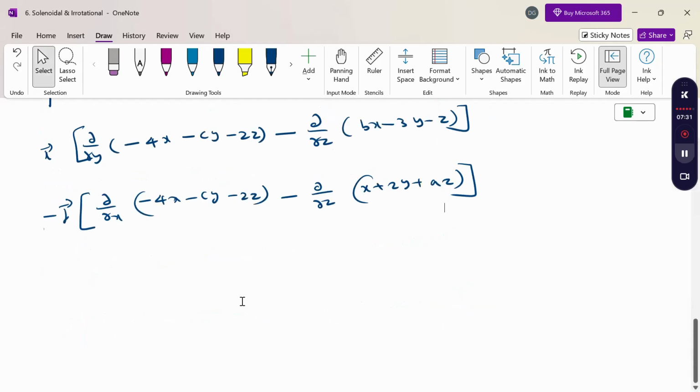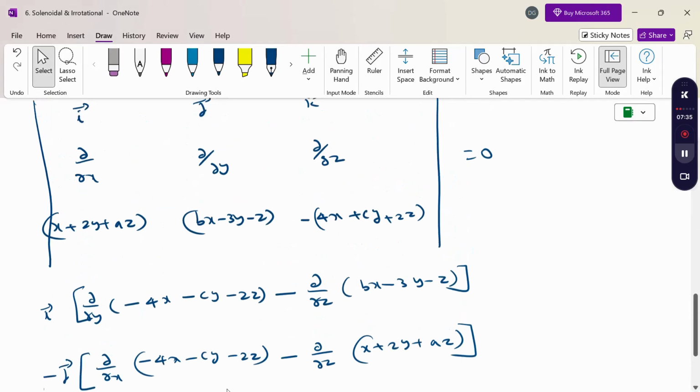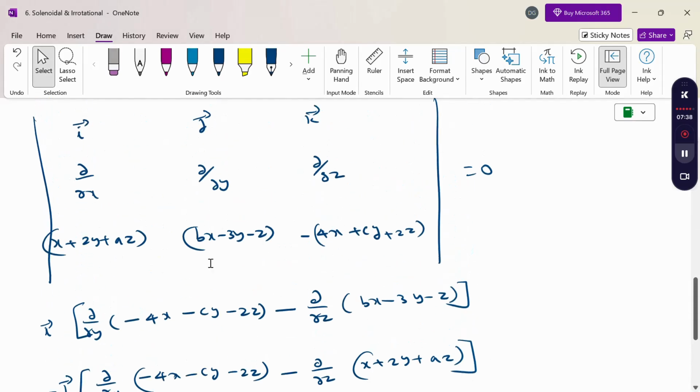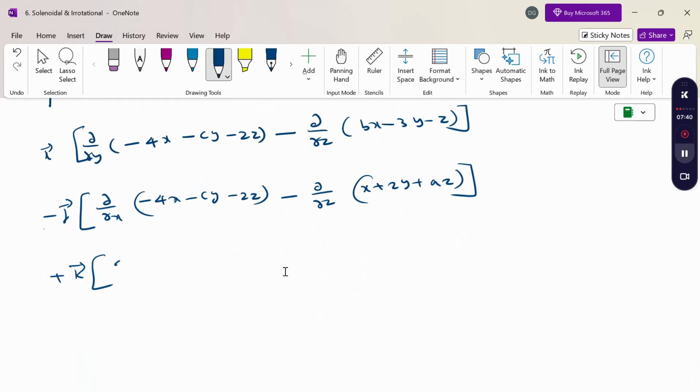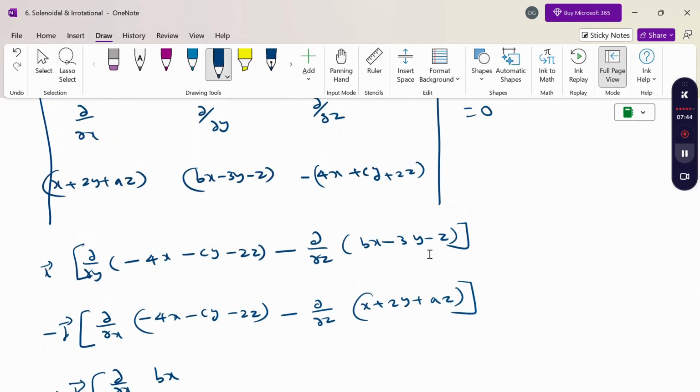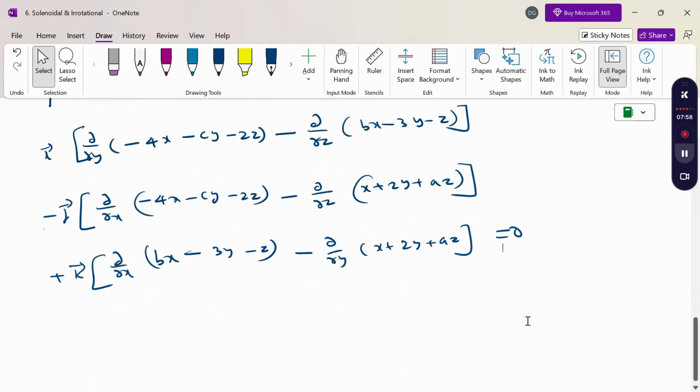And then plus k vector, leaving column and row: dou by dou x of bx minus 3y minus z, minus dou by dou y of x plus 2y plus az, equal to 0.